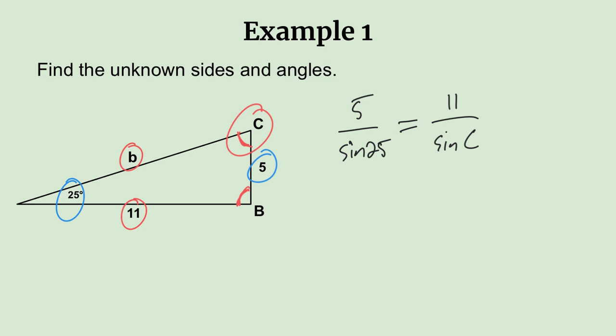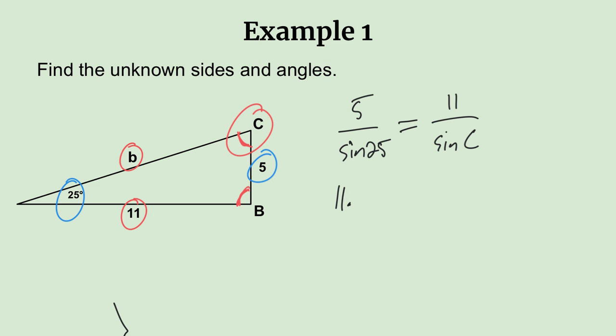You can do this all at once on your calculator if you're comfortable with it, but basically it's going to be 5 divided by sine of 25. Make sure you're in degree mode.